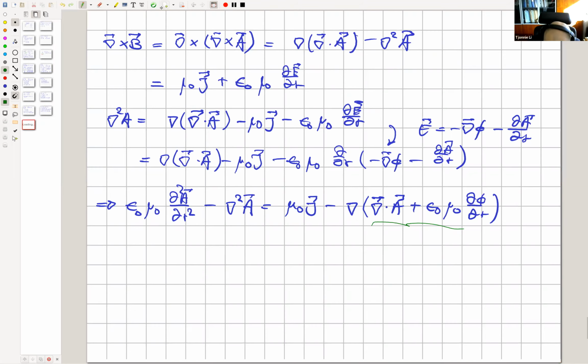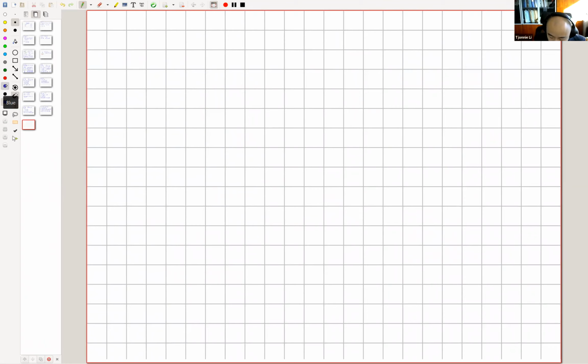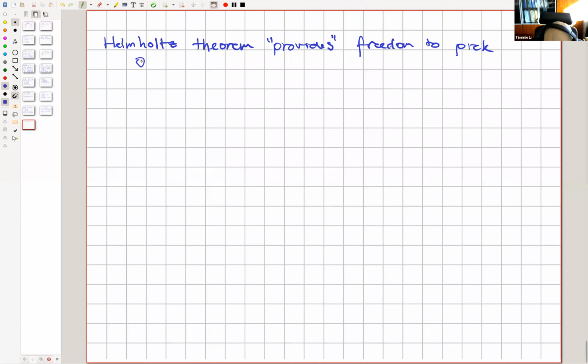And so indeed, the Helmholtz theorem provides the freedom to pick the divergence of A, or to choose the divergence of A. A particular choice in this case is to say that the divergence of A plus mu naught epsilon naught partial phi partial t equals 0.